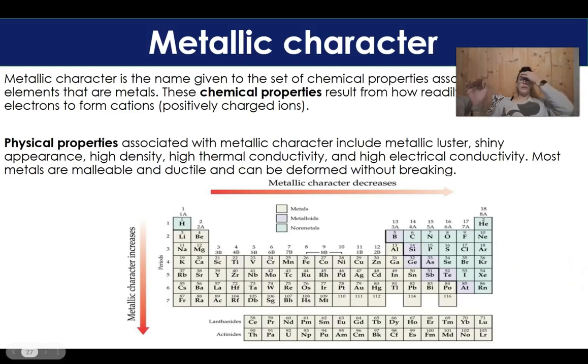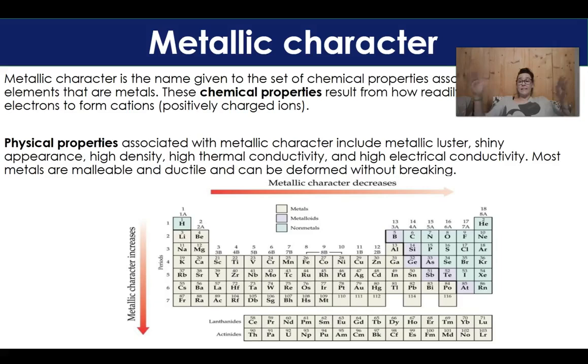So how readily they lose their valence electrons is what determines the chemical properties of those metals. However, the physical properties, such as their luster, their shininess, their density, their thermal conductivity, depend on other things. So the malleability and the ductility have to do with the fact that electrons are mobile in metals, so they like to be shared amongst the atoms.